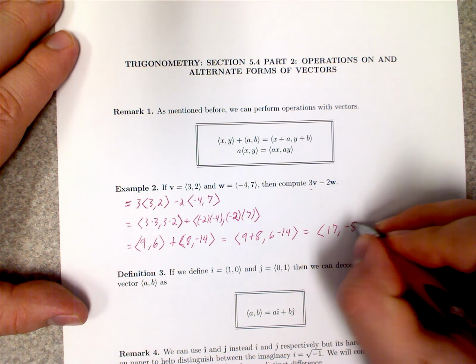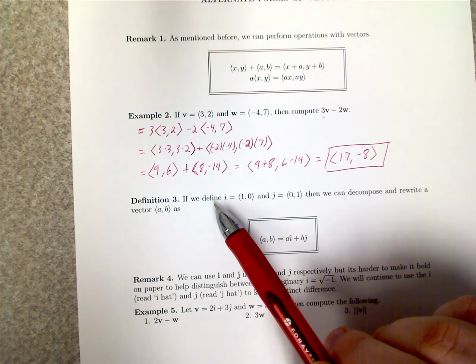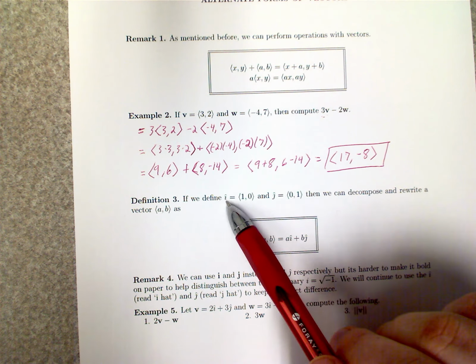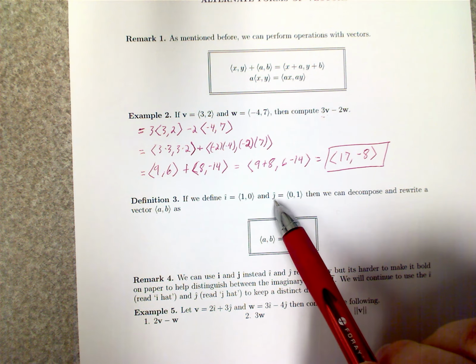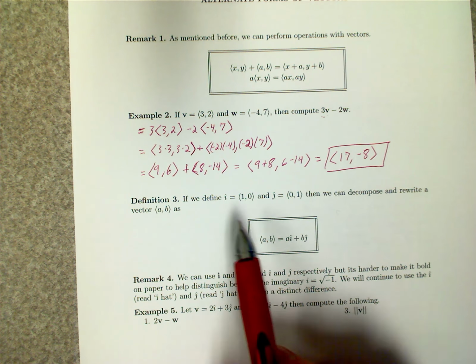Box our answer. Now, it turns out that dealing with this notation can sometimes be a little bit cumbersome, maybe even unnatural. A lot of people want to look at things how they're used to dealing with them. To do this, we define i hat as 1, 0 and j hat as 0, 1, and then we can decompose and rewrite the vector.